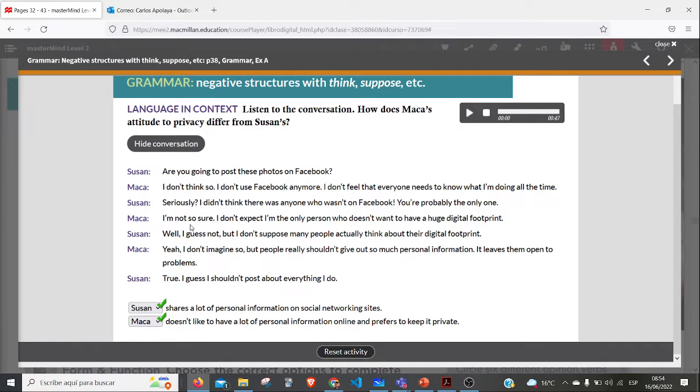I don't expect I'm the only person who doesn't want to have a huge digital footprint. Well, I don't suppose many people actually think about their digital footprint. Yeah, I don't imagine so. But people really shouldn't give out so much personal information. It leaves them open to problems. True, I guess I shouldn't post about everything I do.